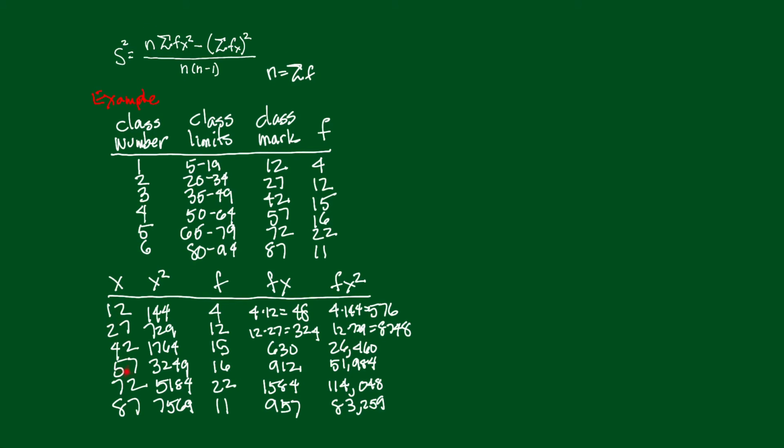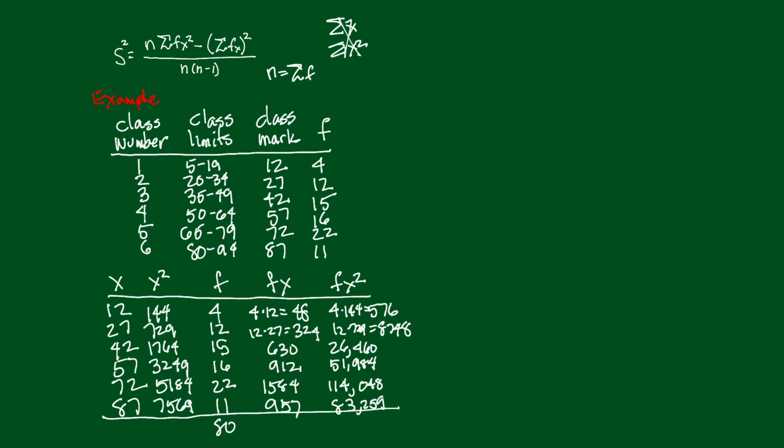I don't need to add up the x's, right? There is nothing in this formula that says add up the x's, or add up the x squareds. I don't need those, so don't do it. Add up the f's. I'm going to add this column right here, and when I did that, I got 80.